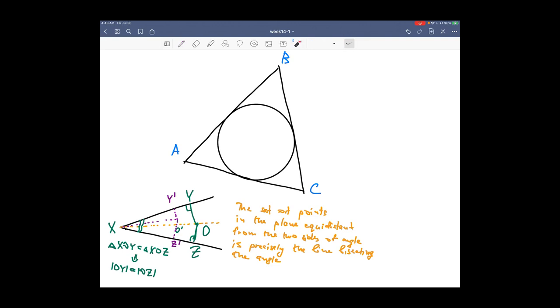They're right triangles with a shared hypotenuse and equal legs. So everything else in these triangles is equal. In particular, this angle is equal to this angle. And so indeed point O prime must lie on the bisecting line. Let me recolor point O prime.